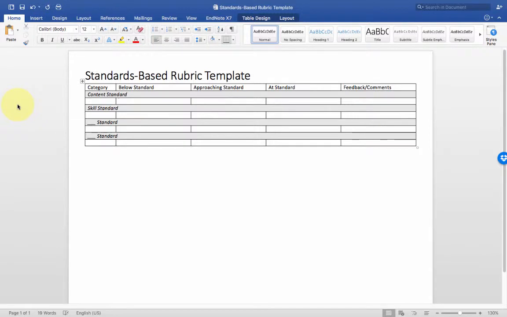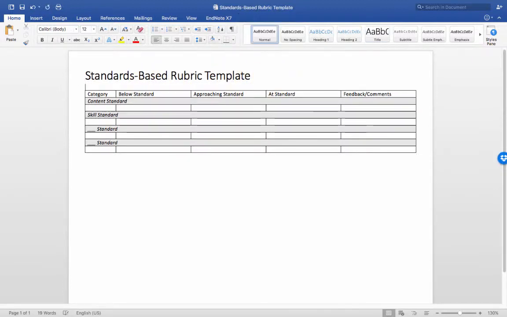Now, our process for using this is going to stay standards focused so that we're keeping ourselves accountable for what our state or Common Core standards expect from us. The way that this is laid out gives us a space to put the standard at the top of the document and then break it into content or skills components of that standard.